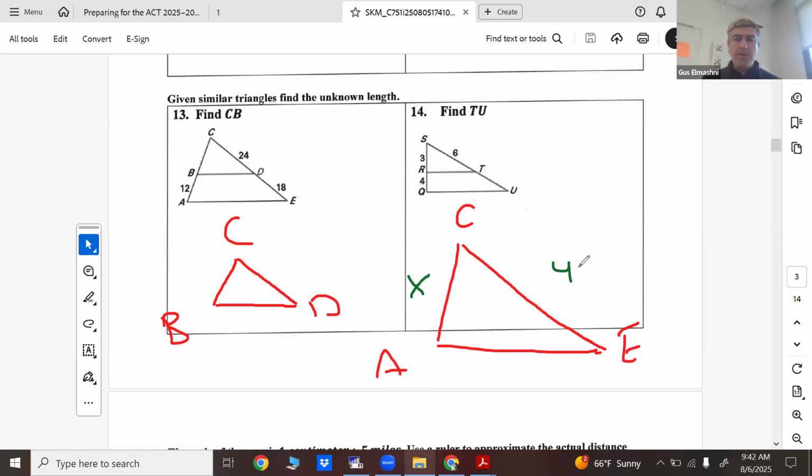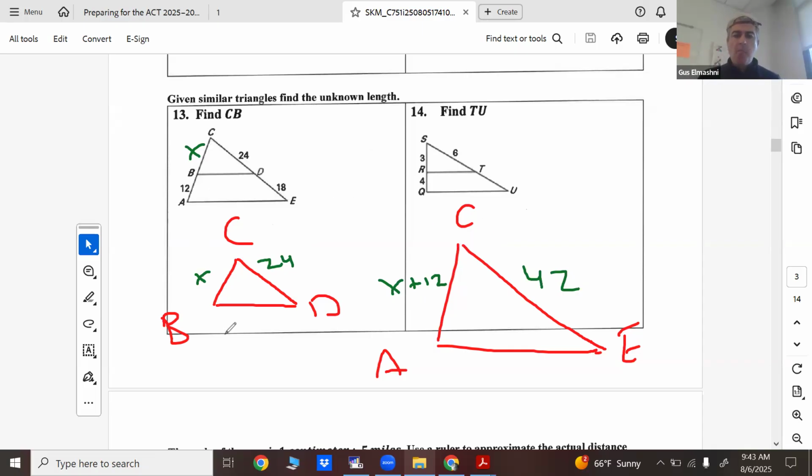I'll call this 42. Ooh, that's kind of tricky. Actually, let me take it back. We'll call CB X. That's X and 24. And that'll be X plus 12 and 42. So I've made X CB, fine.